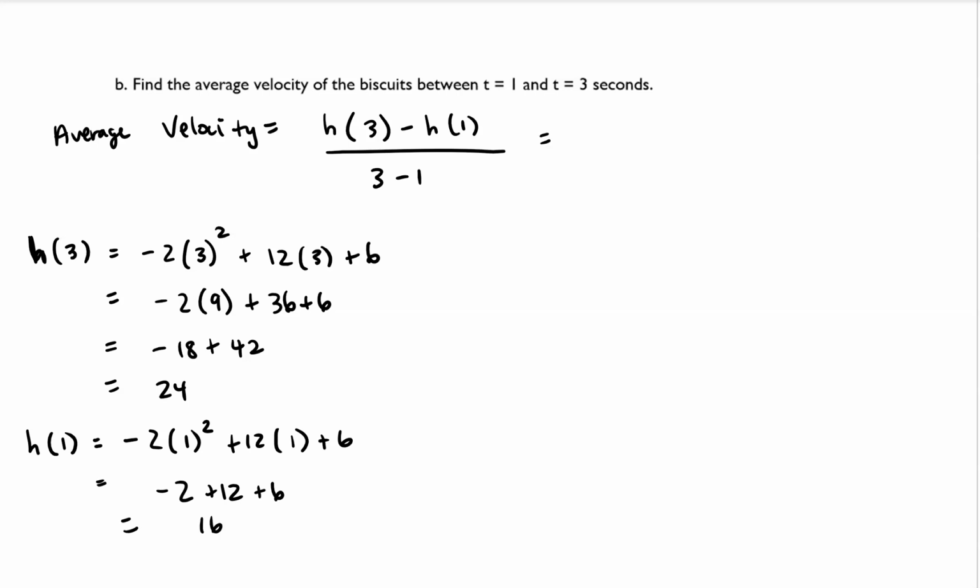So if we come back up here, that is going to be equal to 24 minus 16 over 3 minus 1, which equals 8 over 2, which is 4, and then the units, the numerator was feet, and then the denominator was seconds. So we have that the average velocity between 1 and 3 seconds is 4 feet per second.